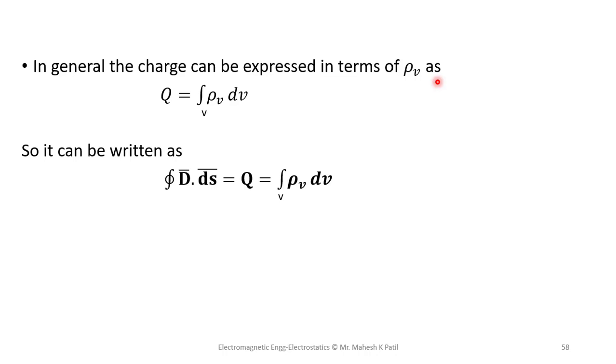So it can be written as total charge Q equal to the volume integration of rho v dv. So the closed integration of D bar dot ds bar is equal to the total charge Q, and the total charge Q is equal to the volume integration of rho v dv. As it is a volume integration, it means it is a triple integration.